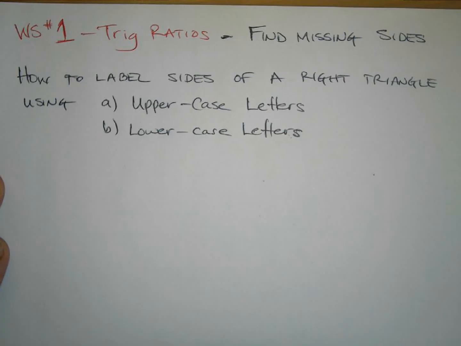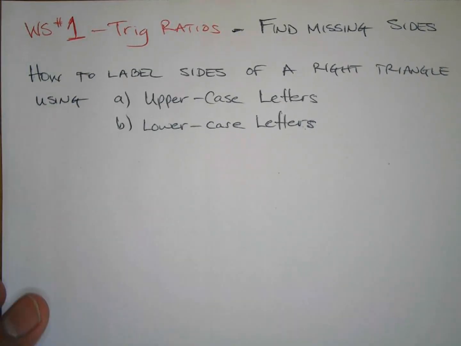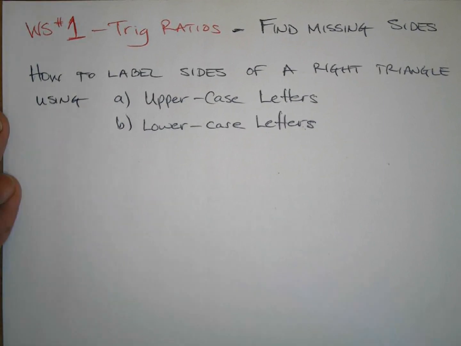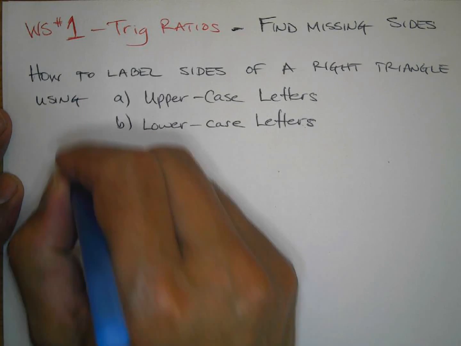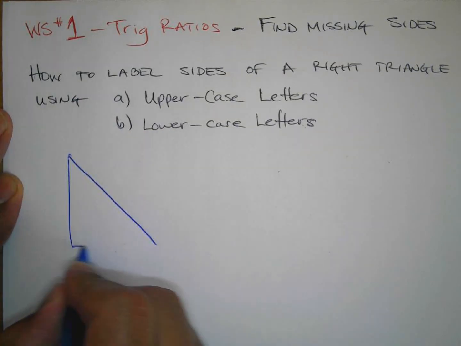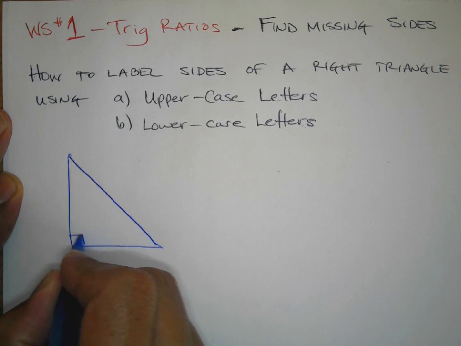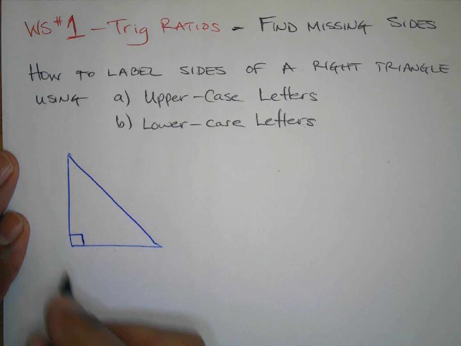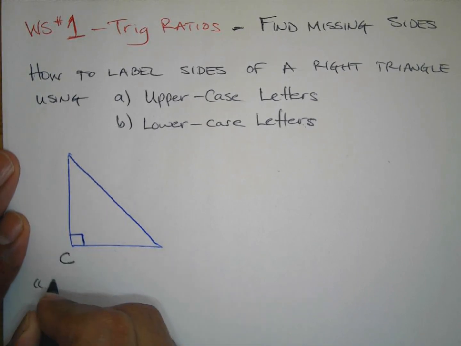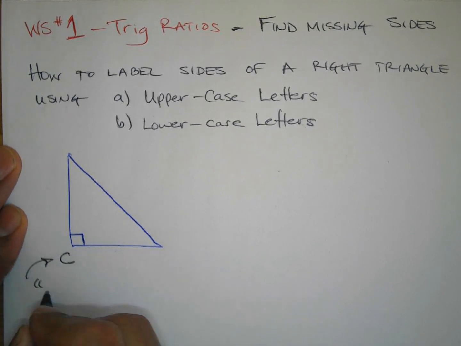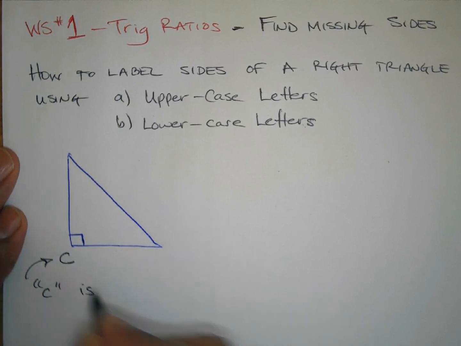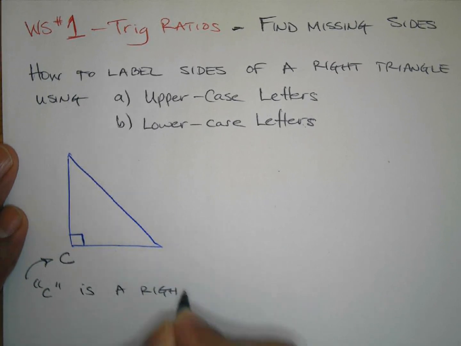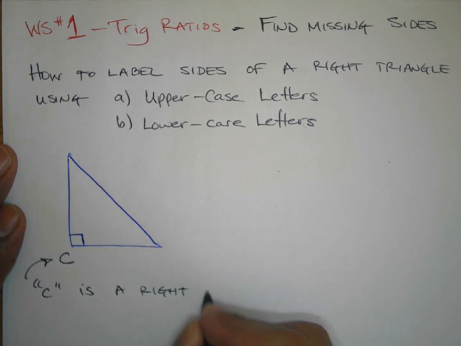Okay, so real quick. Even if it's very, very simple, some people can get a little bit confused. For the examples that you're going to see, let's draw a right triangle here. Right triangle has a 90-degree angle. The assignment will say that C, this letter C, is a right angle.